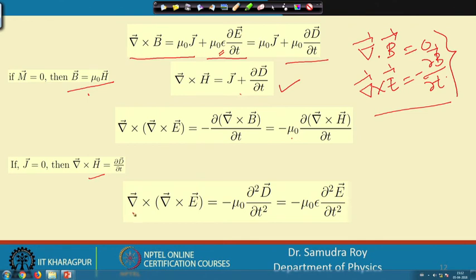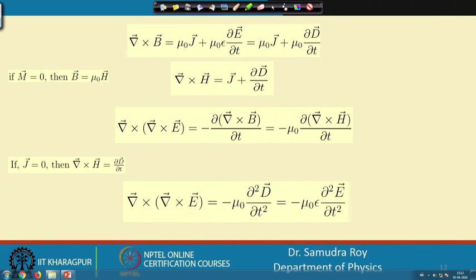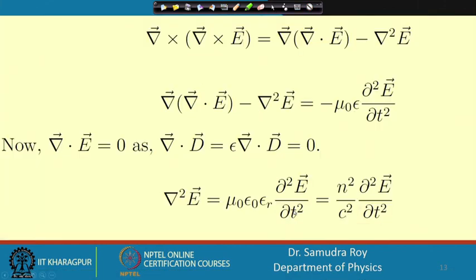I can have curl cross curl cross E equal to minus mu 0 del 2 D del T square, and again D is replaced by epsilon E, because D is epsilon E. So, I can replace this here. Once I replace this, I have a form which looks like a wave equation.